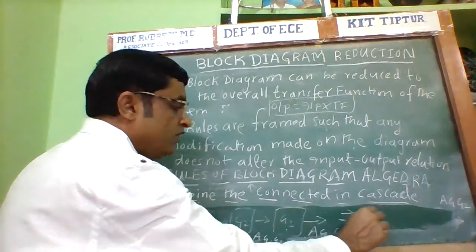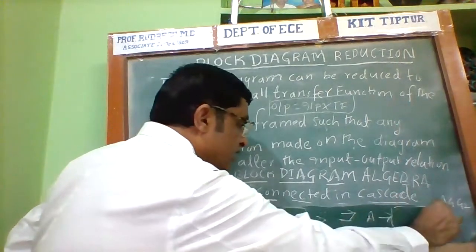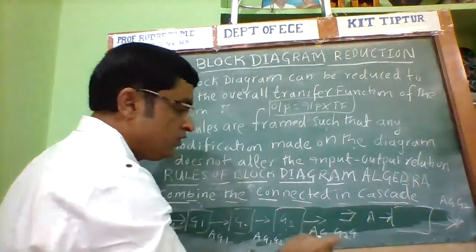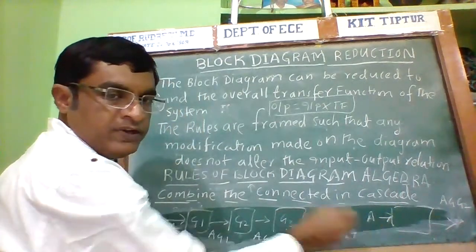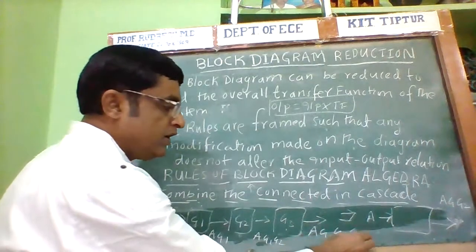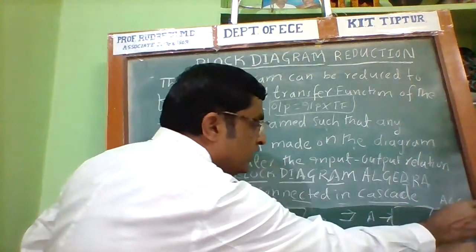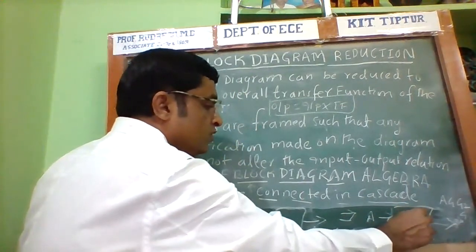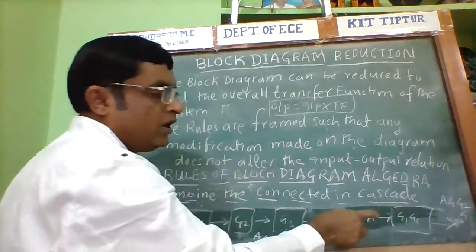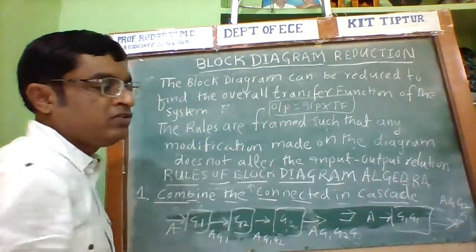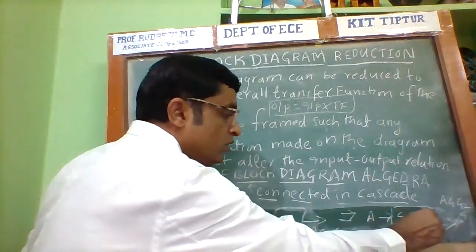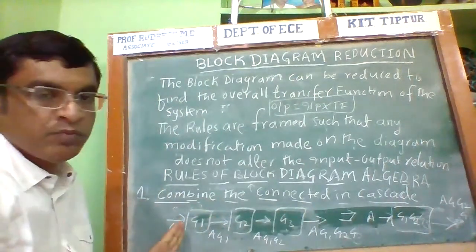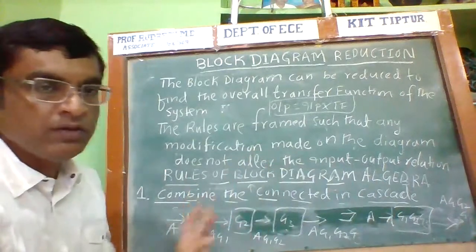This can be represented in a single block. Inside the block, the input is A, and the output is equal to A into G1 into G2 into G3. So we should place G1 into G2 into G3 in the block. When the three blocks are connected in cascade, multiply the corresponding blocks' transfer functions and place the product in the single block.